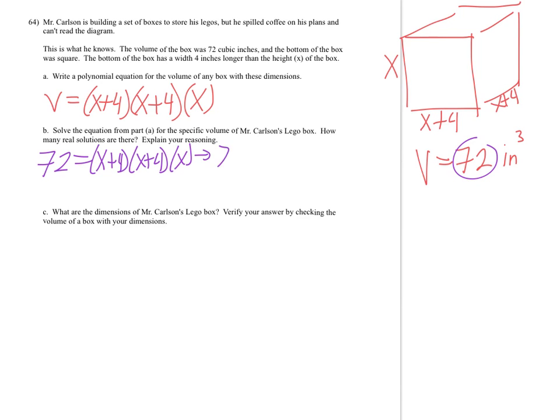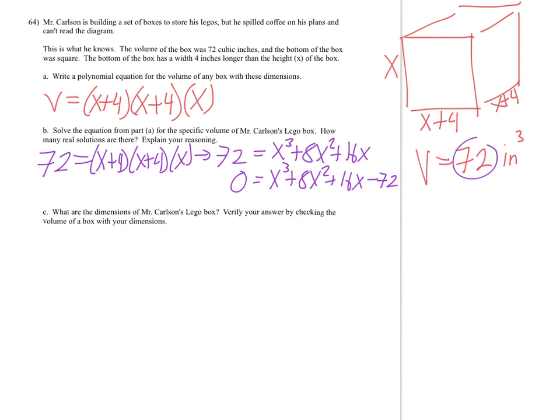So in other words, 72 is equal to x cubed plus 8x squared plus 16x, and 0 is equal to x cubed plus 8x squared plus 16x minus 72.